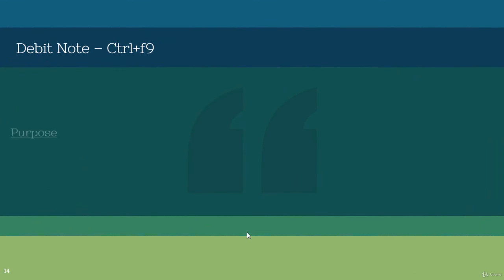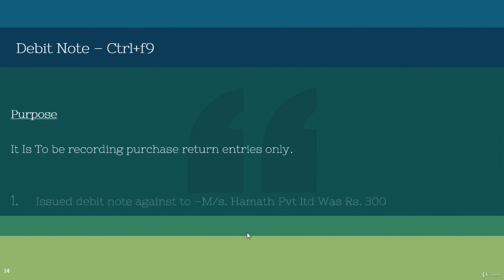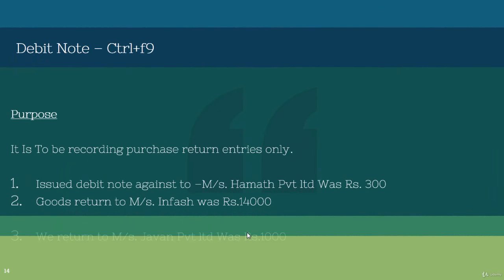The next voucher is the debit note. If we have purchase return entries, we can use the debit note voucher. For purchase return transaction entries only, we can use the debit note voucher.